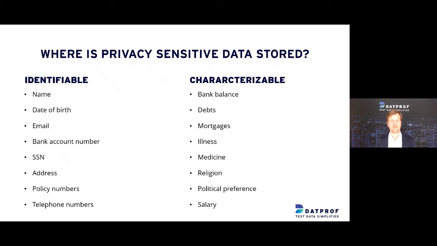But for example, if you want to make sure that you also have new bank balances, then you might also need to deliver all kinds of new payments or incoming money on your bank account. So you need to address a lot more transactional data than if you only do the identifiable data. That's what we try to achieve.